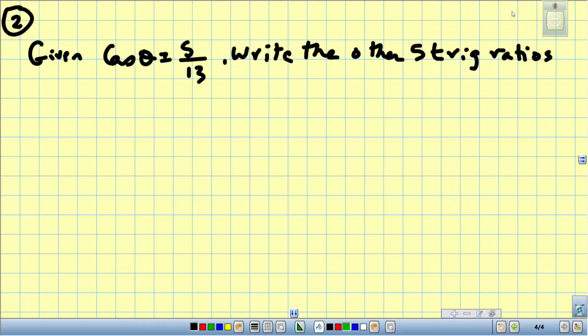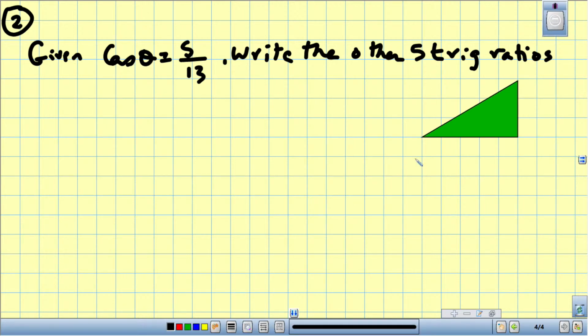From Sohcahtoa, cosine is adjacent over hypotenuse. It might not look drawn to scale, but that's what I've got here. So I'm going to put the adjacent as 5 here. Hypotenuse is 13.